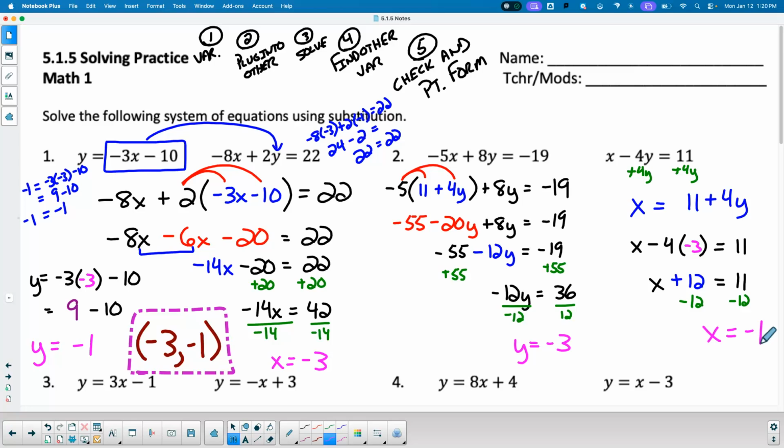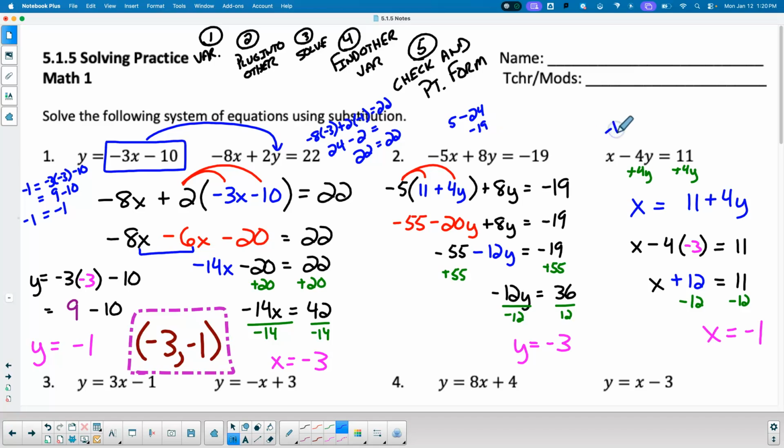Negative 1 times 5 is negative 5. 8 times negative 3 is negative 24. Negative 5 minus 24 is negative 29... and negative 19 is equal to negative 19.